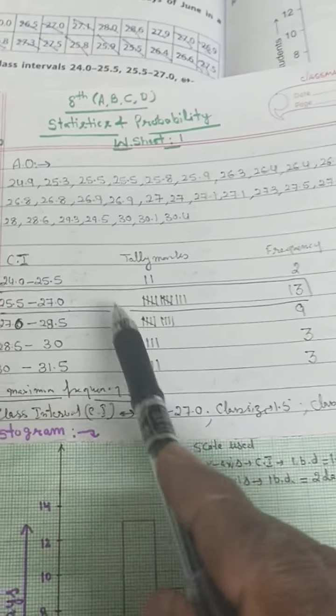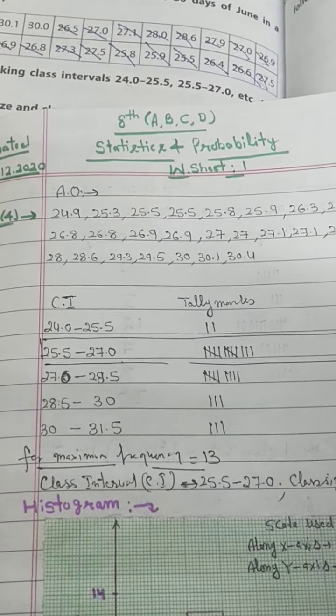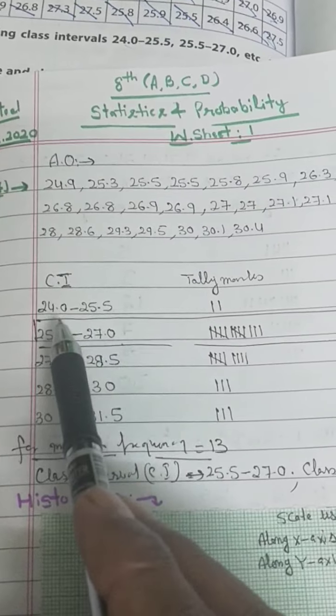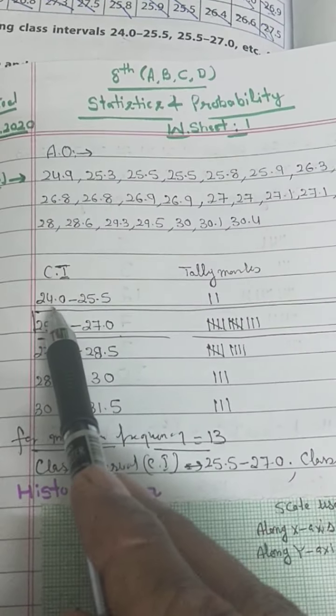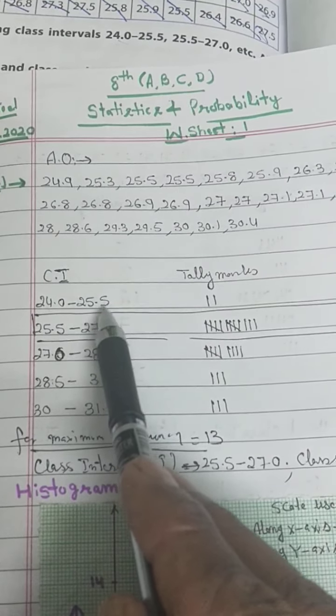Now tally marks in 24 to 25.5. Dear children, one more important piece of information: if you count the number of observations in 24 to 25.5, we consider the lower limit, that is 24, but do not consider 25.5.